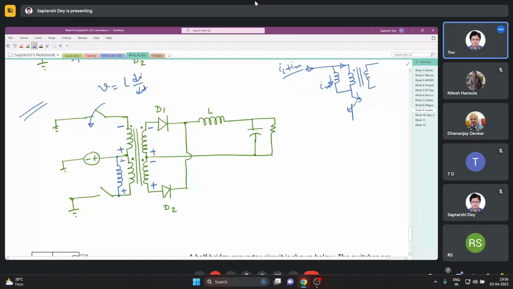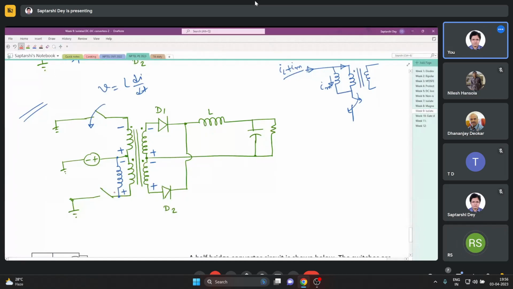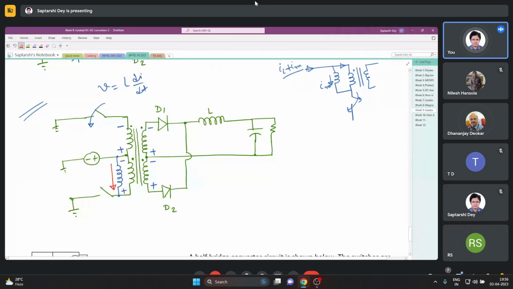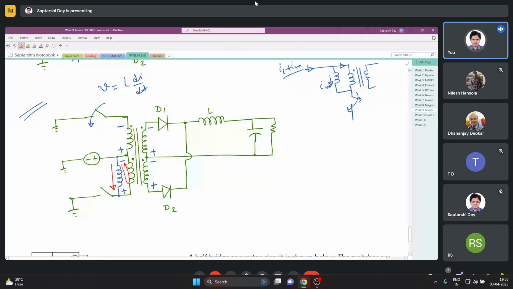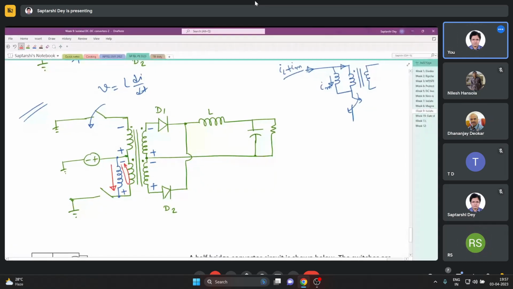Now, if this polarity appears across the magnetizing inductance Lm, that will cause a current to flow like this. So what is the current path? It is flowing through this winding, means through the ideal transformer, right?